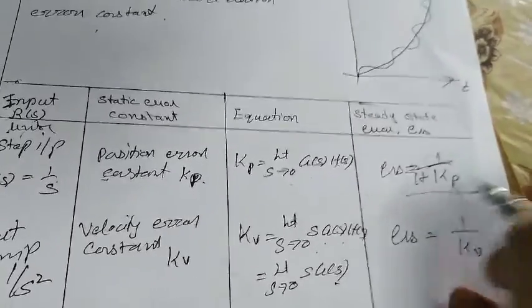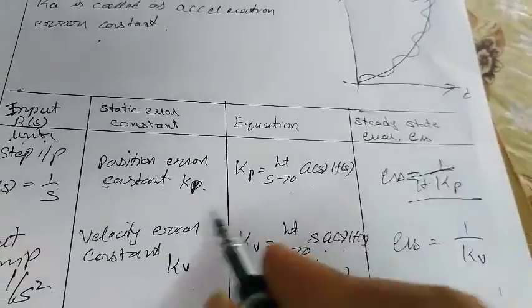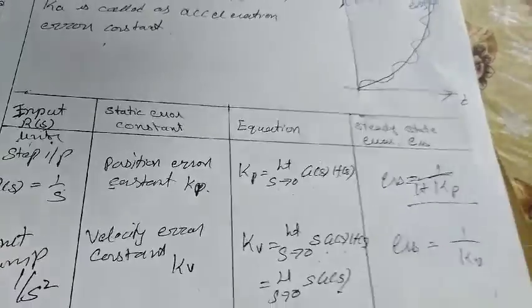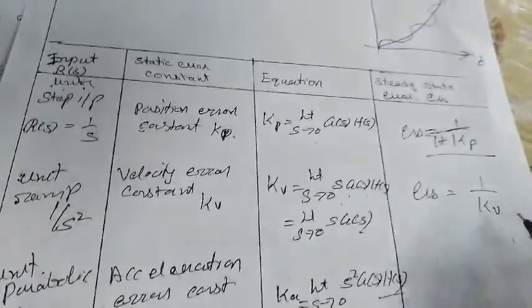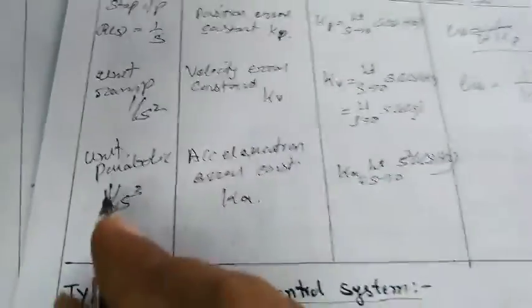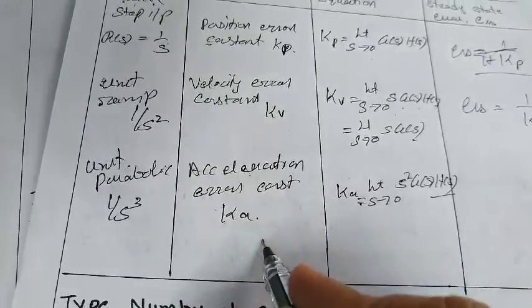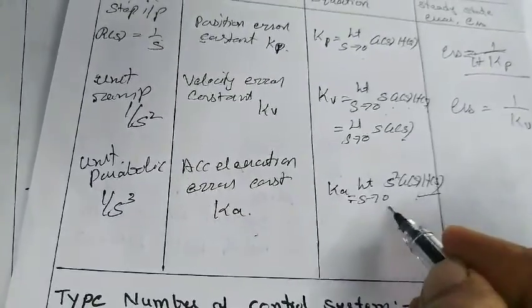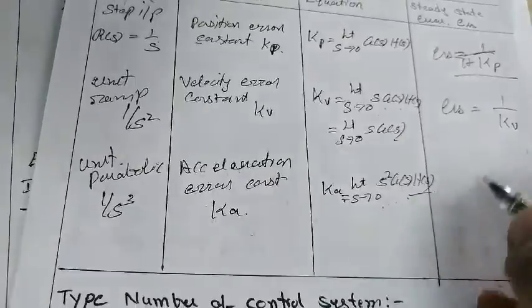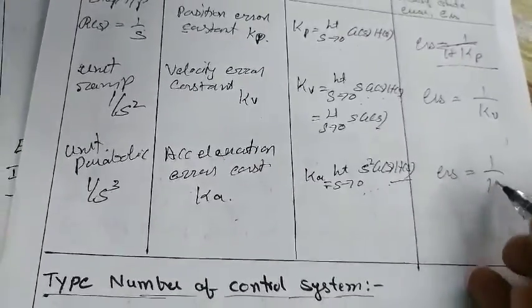And for unit parabolic input the constant is Ka, limit s tends to 0, s square g of s h of s, and ESS will be 1 by Ka.